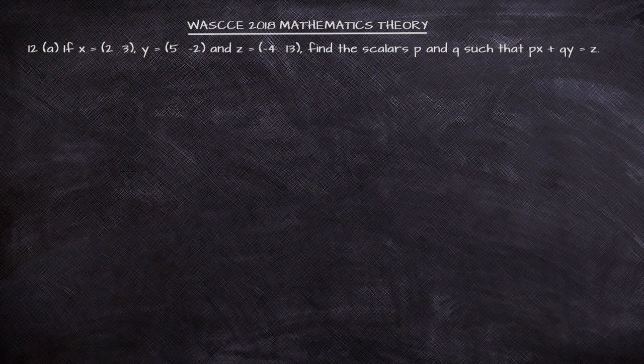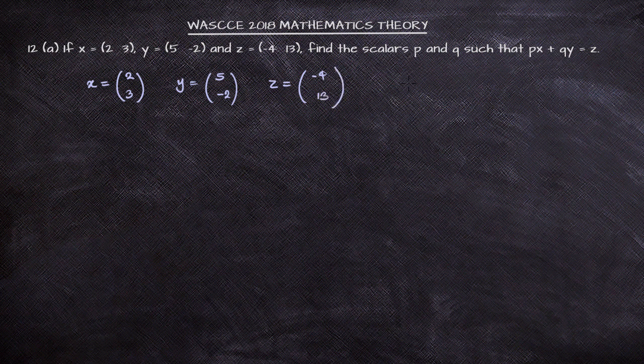So now our question number 12a, we are given that x is this matrix 2 and 3, y is matrix 5 and minus 2, z is matrix minus 4 and 13.